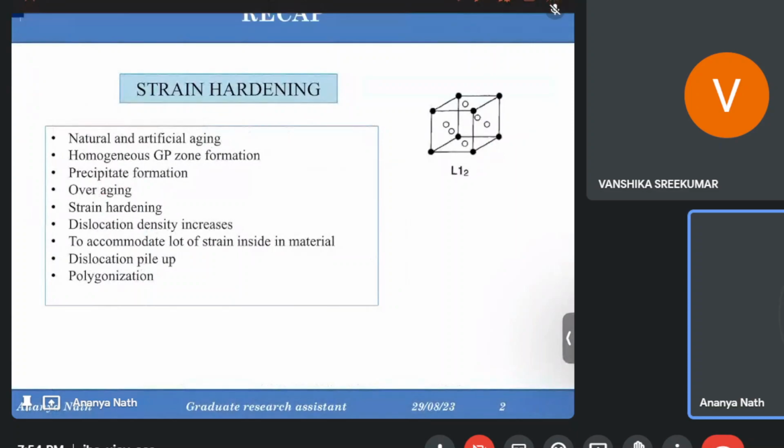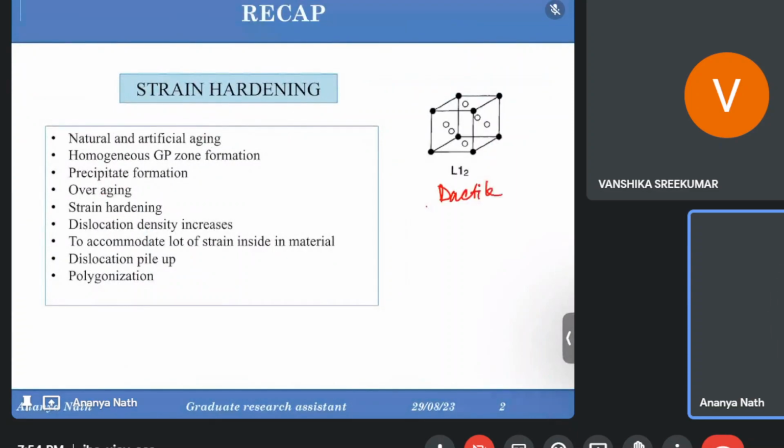If that is a ductile material like aluminium, we are applying some force, the dislocation is moving. If there is a stacking fault, the width is small, means the solute atoms cannot sit and it is having much more stress or energy, or it is having a tendency to get attached again.